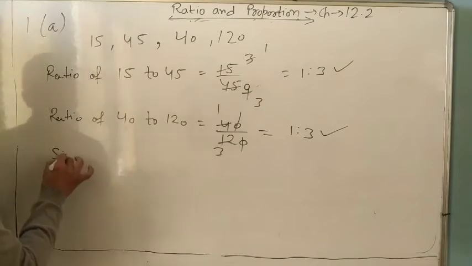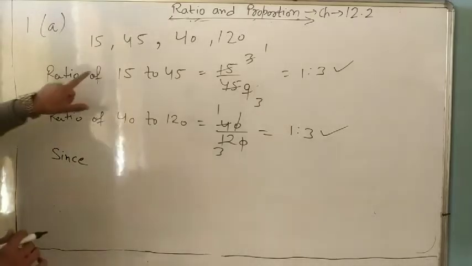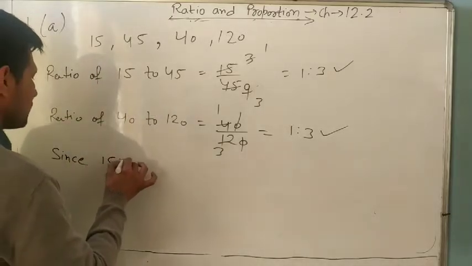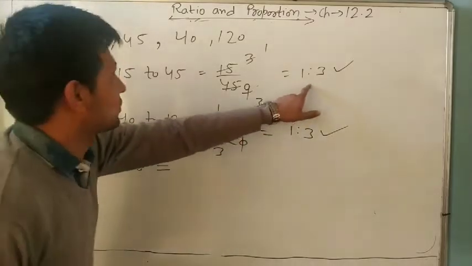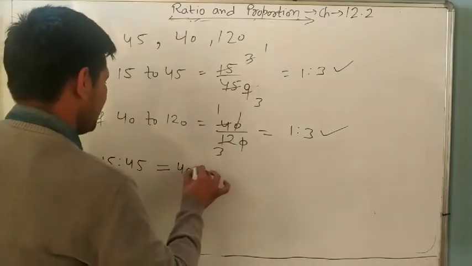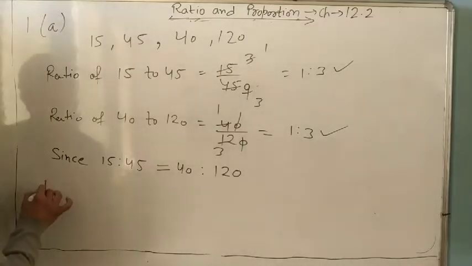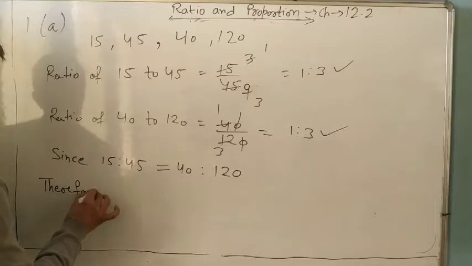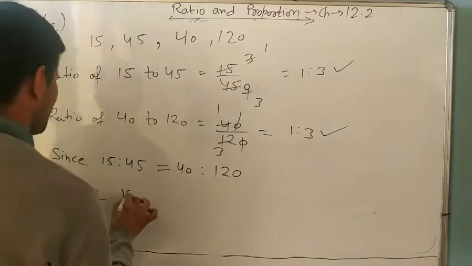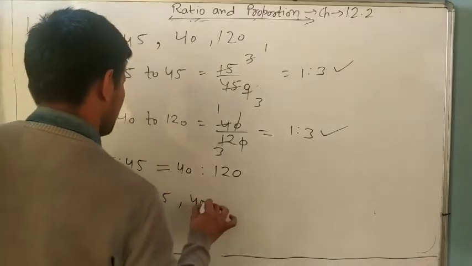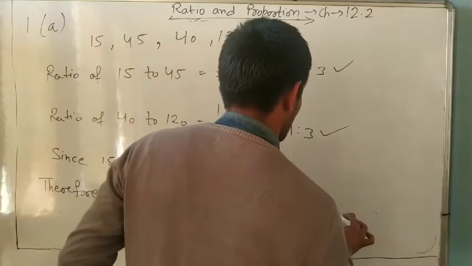So write: since the ratio of 15 to 45 is 1:3, which is equal to the ratio of 40 to 120. Understand? You can write, therefore, yes, the two ratios are equal. If two ratios are equal, they are in proportion. Therefore 15, 45, 40 and 120 are in proportion.